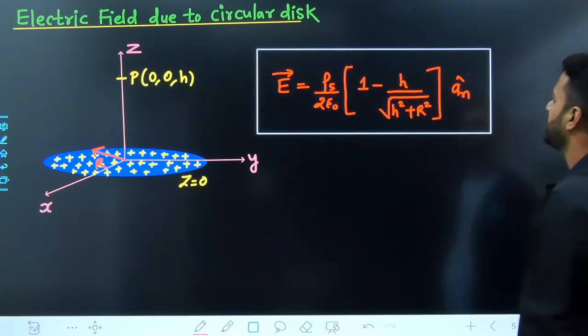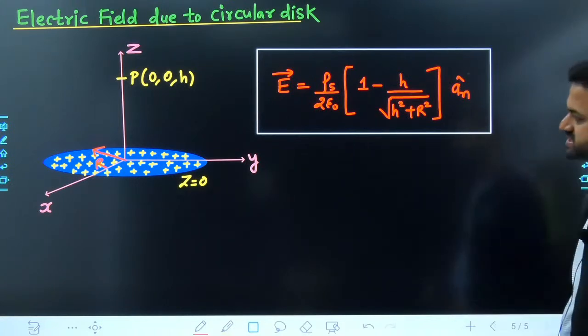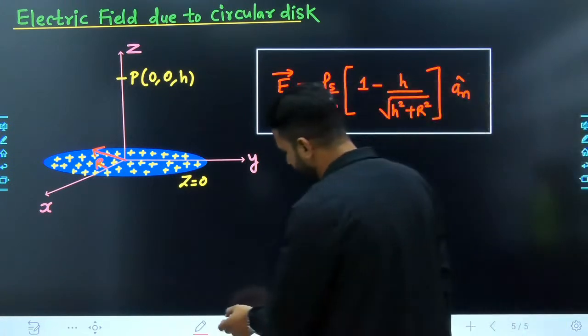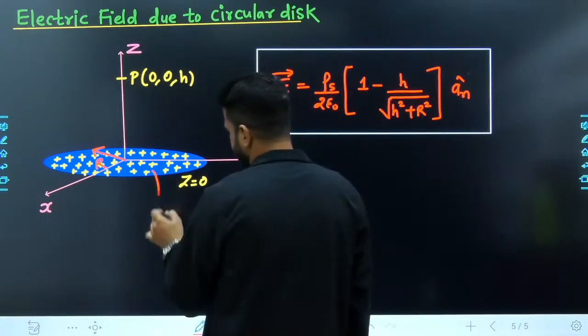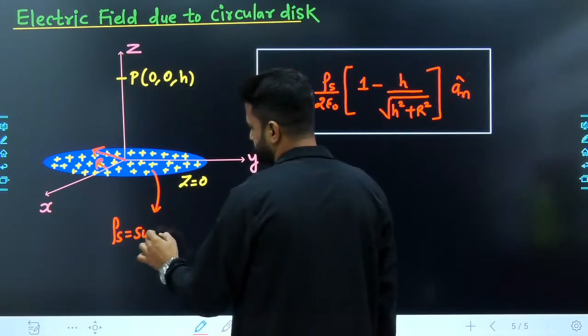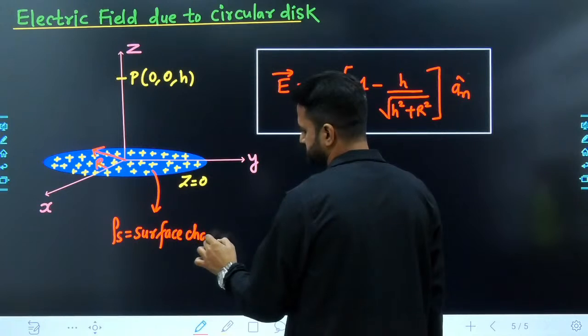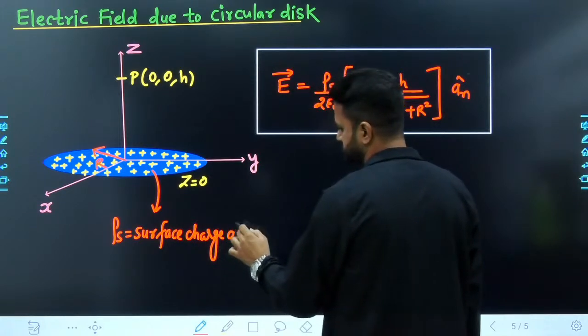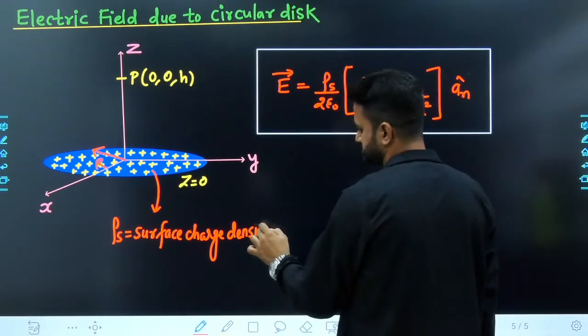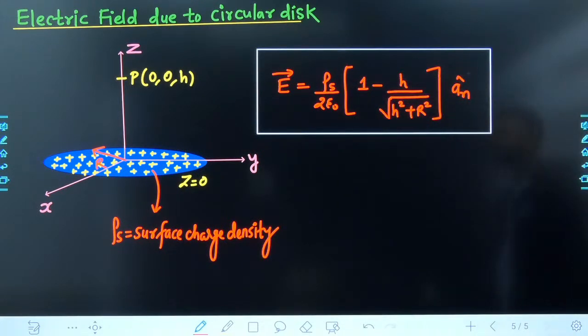H is the height and R is the radius of the circular disc. Because this circular disc is defined by the surface charge density.